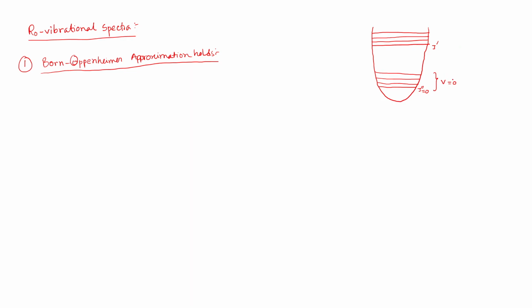If V is equal to 0, this is V double prime, and this is V prime, so 0 to 0, 0 to 2, 3. Sir has taken the opposite convention, but this is the general convention you will see in Banwell's book also.